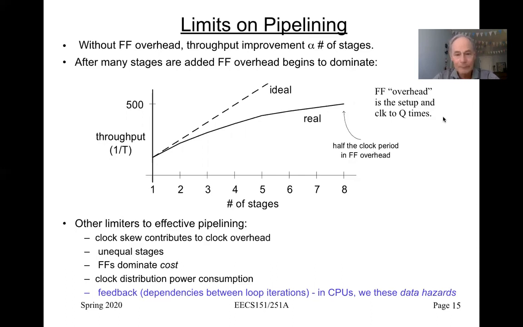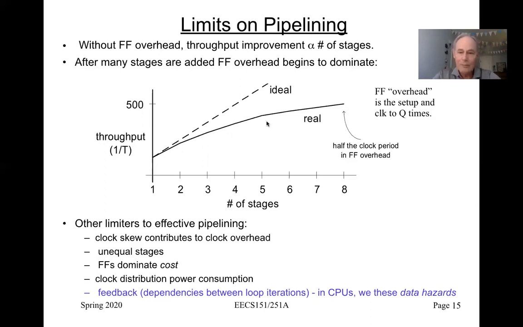So that's just something to keep in mind. There are some limits. If you make your pipeline stages too small, then the performance will be highly determined by the overhead of the flip-flops, the setup time and the clock-to-Q time.